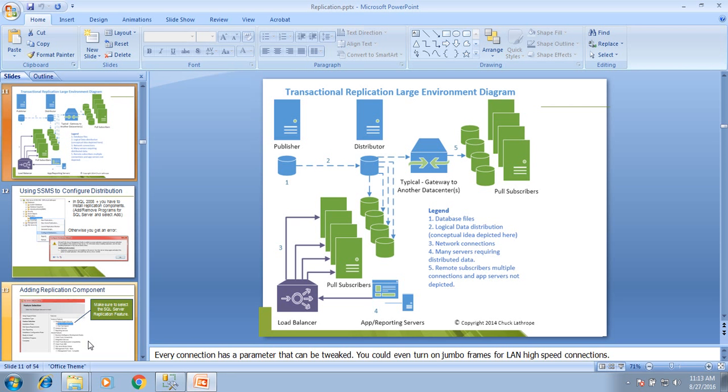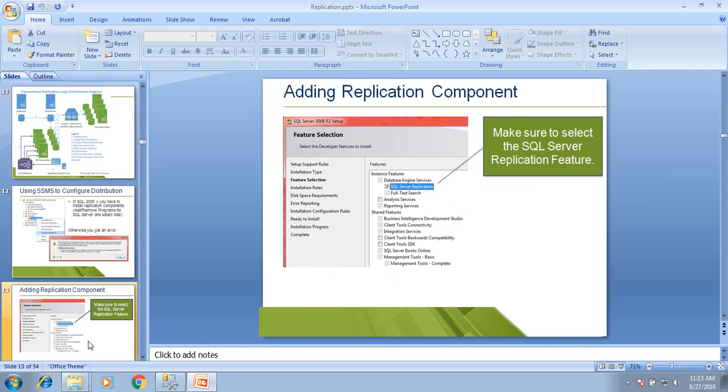On the other hand, there is another method, which is the pull. In a pull subscription, the subscribers will ask the publisher, do you have a new article? Do you have a new version of this table? And then it will get the data. So that's how the push and the pull subscription differ.